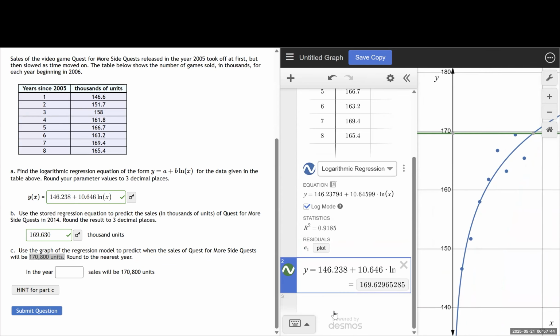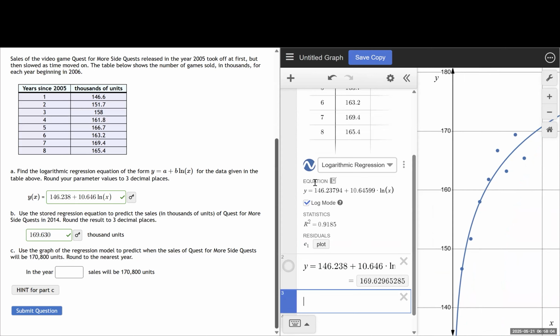I'm told specifically to use the graph. So how can I use the graph over here to find the value of x? x will tell me the when y is equal to 170.8. Well, the easiest way to do this using the graph is first to plot the horizontal line y equals 170.8.